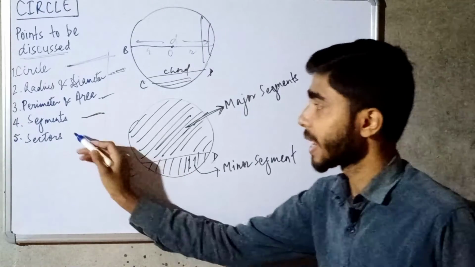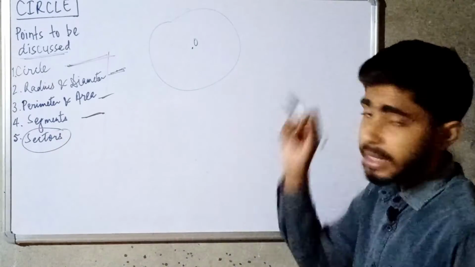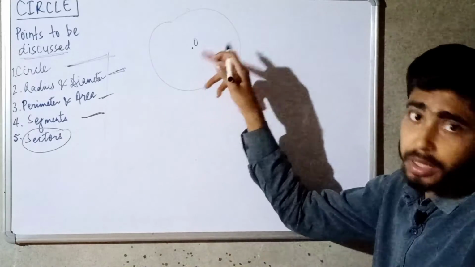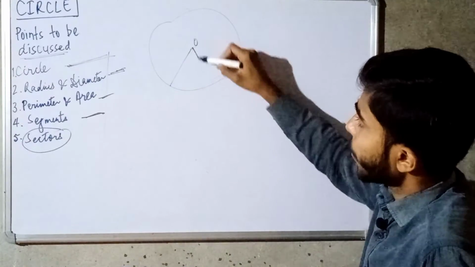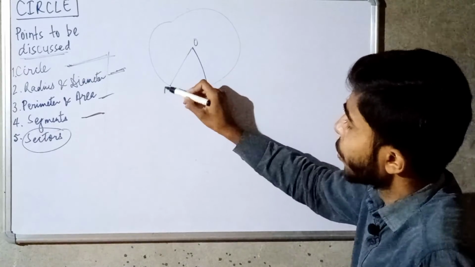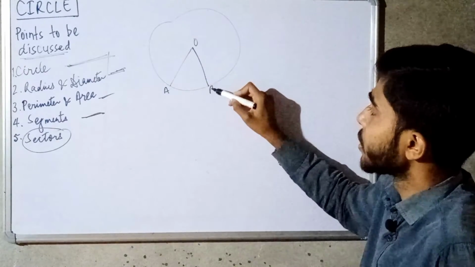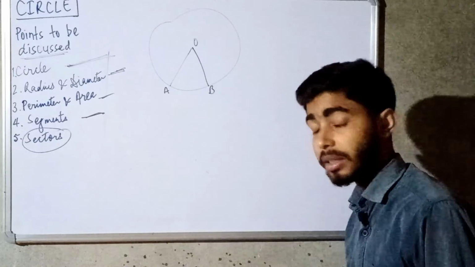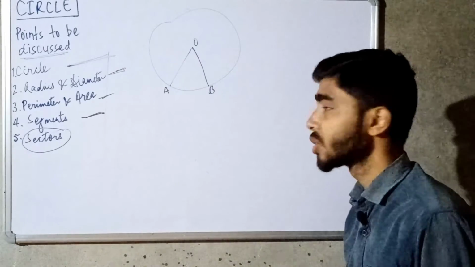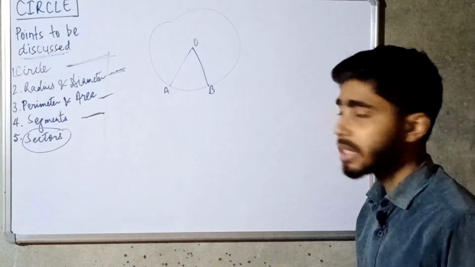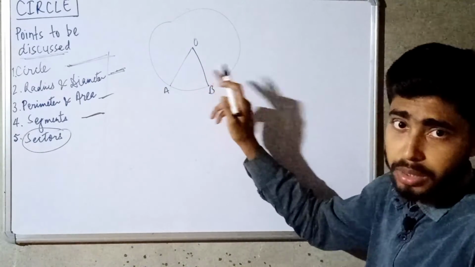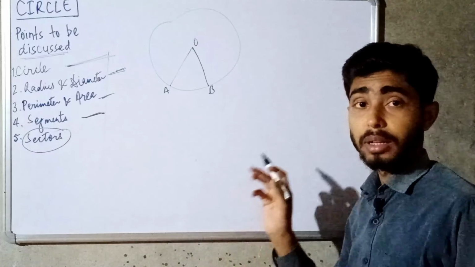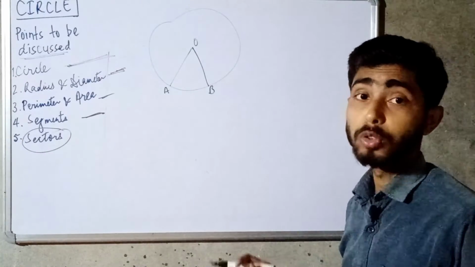Now we'll discuss the sectors. What are sectors? In this case, O is the center of the circle, and OA and OB are two radii of the circle. Because of these two radii, the circle is also divided into two parts.